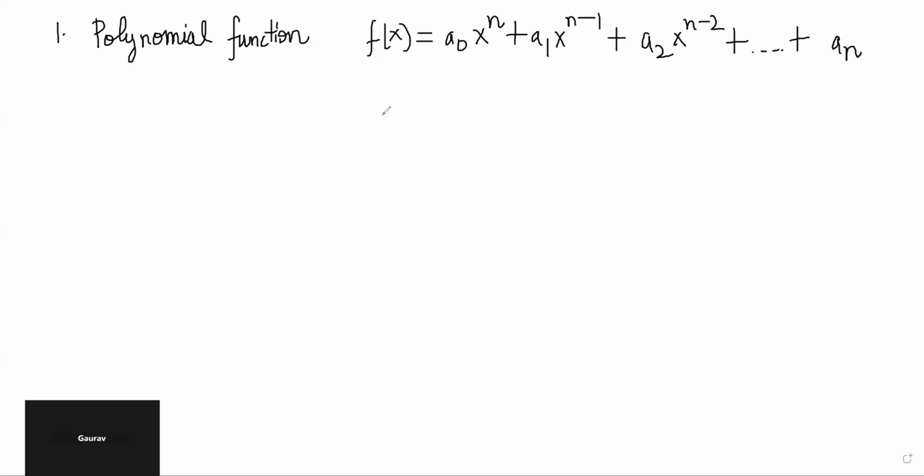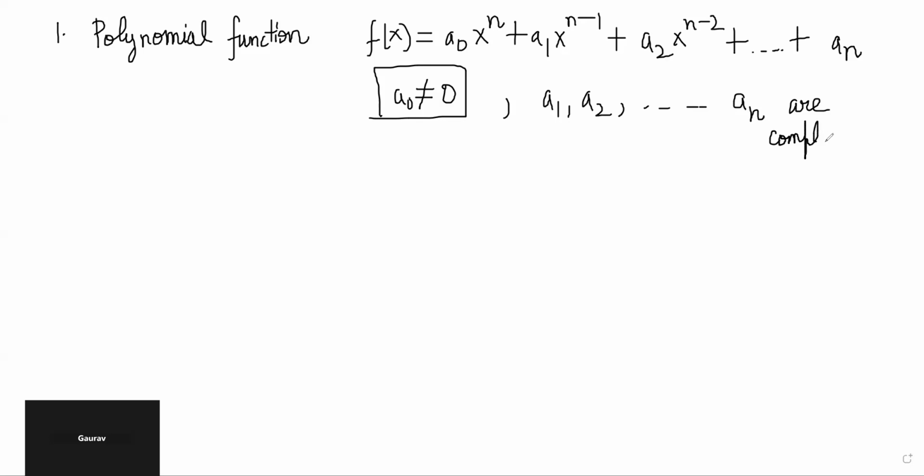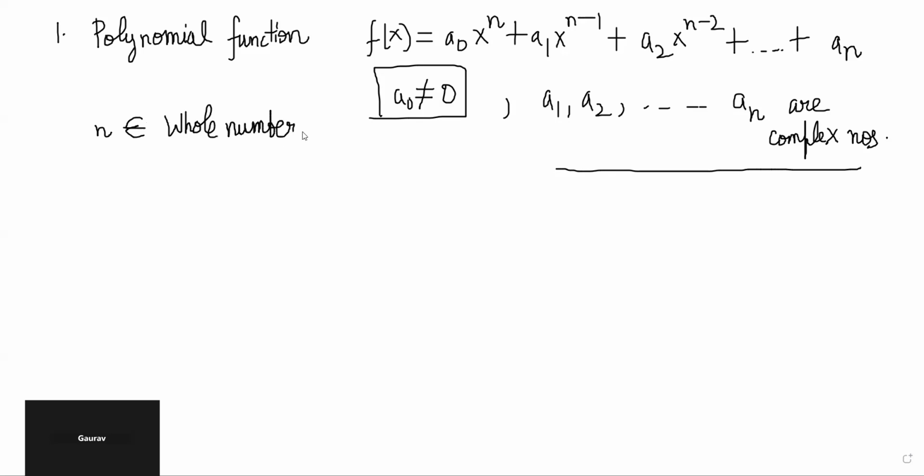Here a0 is not equal to 0, and a1, a2 till an are complex numbers. They don't even have to be real, they could be complex numbers also. Still, it will be a polynomial as long as your n belongs to whole numbers.